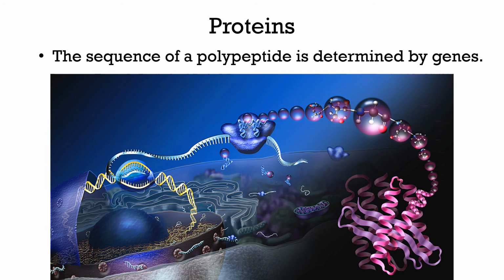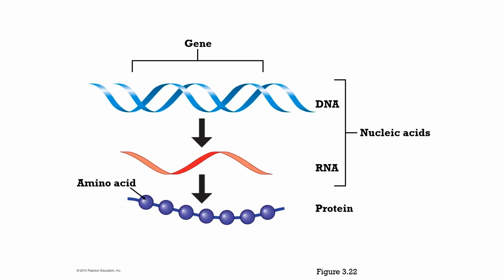Well, it's going to be the genes, and the genes are going to lead us to our next major group of macromolecules, which are the nucleic acids. Nucleic acids are DNA and RNA, and they hold the instructions. Specifically, the DNA holds the instructions for all the proteins in your body, and we will go through the process of how this happens.